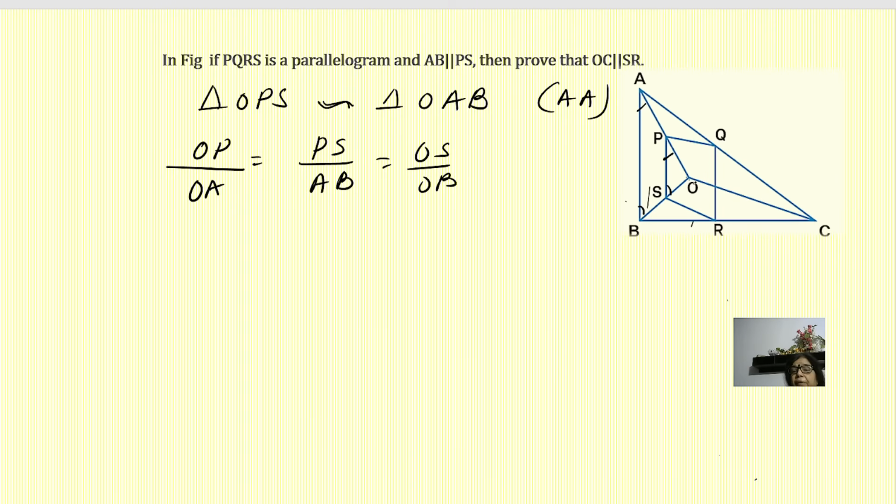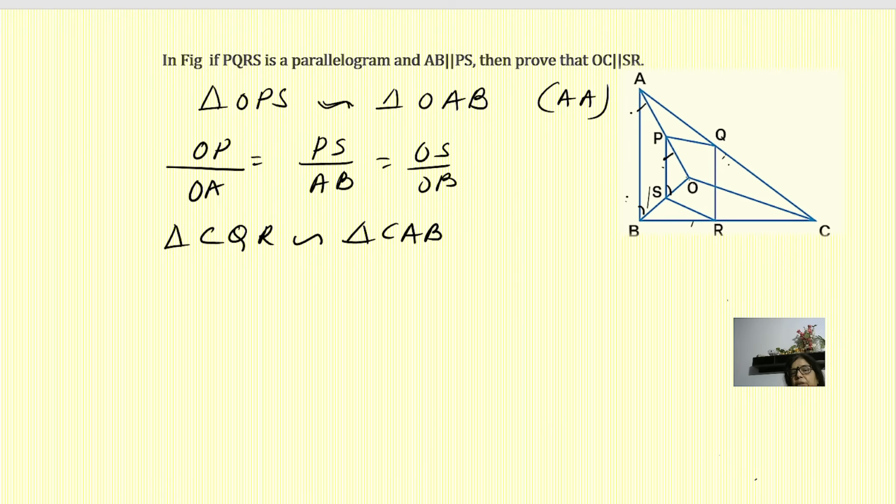Now, if I take the triangles CQR and CAB, QR is parallel to PS and PS is parallel to AB, so QR will be parallel to AB. So triangle CQR is similar to triangle CAB. These are parallel, so we get corresponding angles.